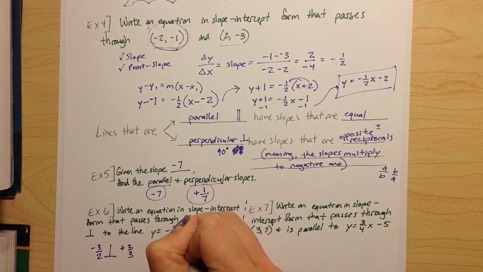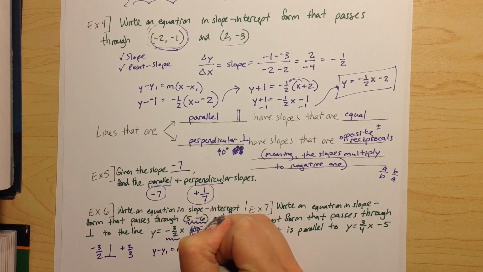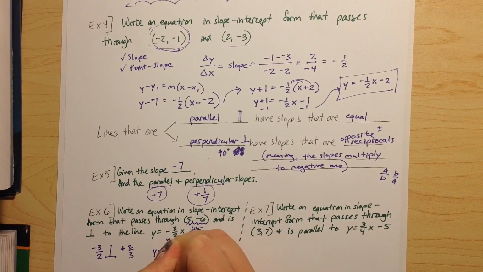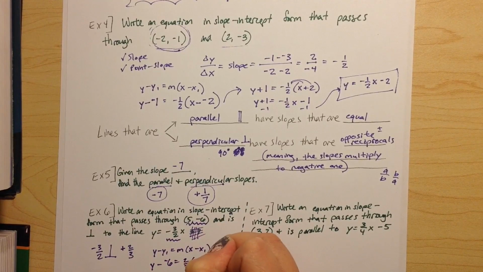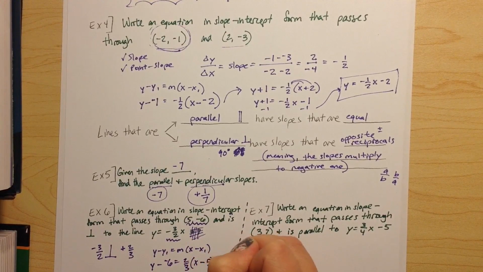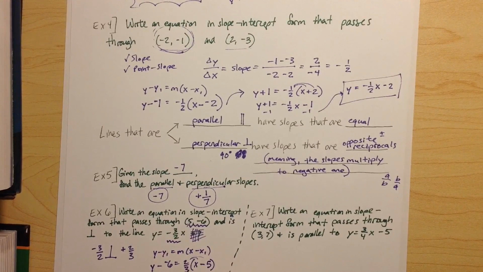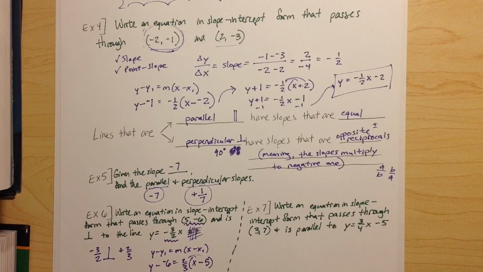I'm going to use my point slope form for this one. I have y minus -6 equals 2/3 times x minus 5. So I'm going to get a little funky with the fractions here, but that is okay. I have y plus 6 equals, when I distribute, 2/3 x minus 10/3.